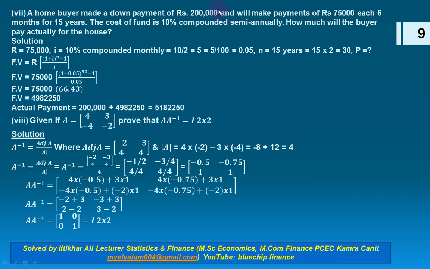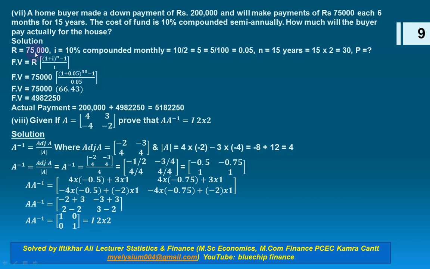Then it is the case of an ordinary annuity, and we will have to calculate the future value of the ordinary annuity. The formula is R multiplied by (1 plus i) raised to power n minus 1, divided by i.